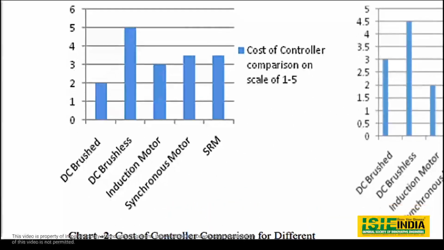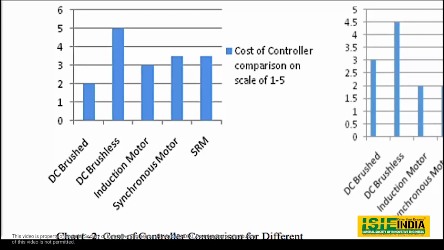Now we will see this point, cost of controller comparison actually. So why in the last slide I showed the cost parameter in the high performance. Now you can understand without a controller, motor operation is useless, nothing to see in the motor operation without a good controller.